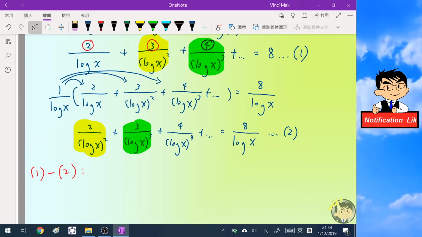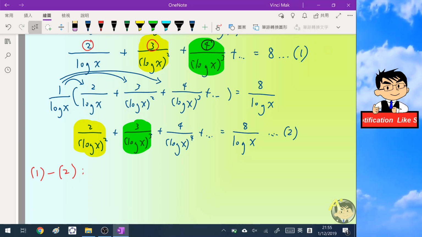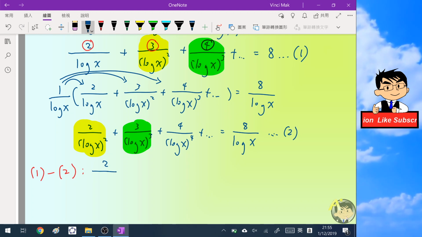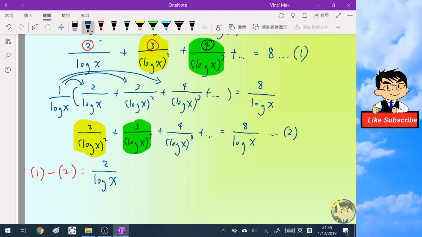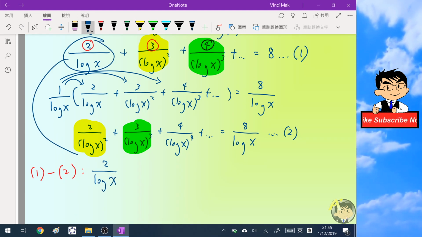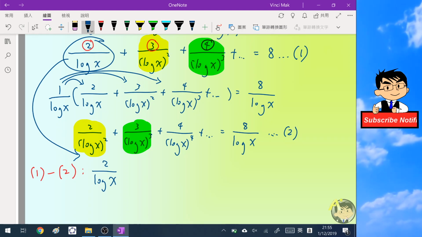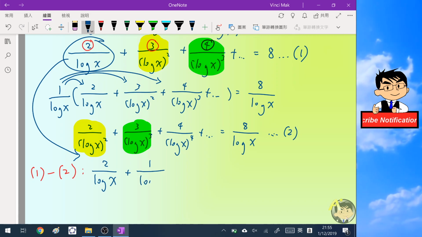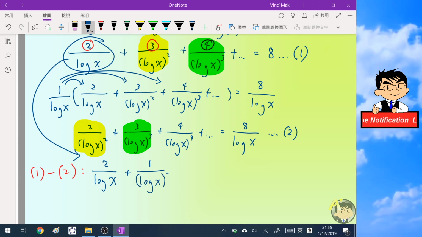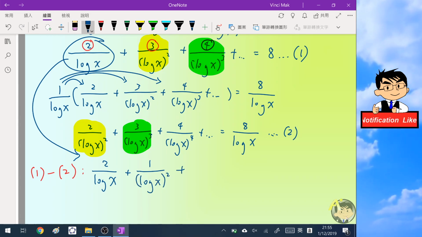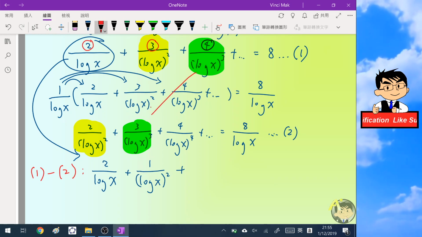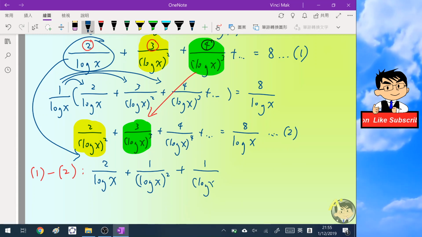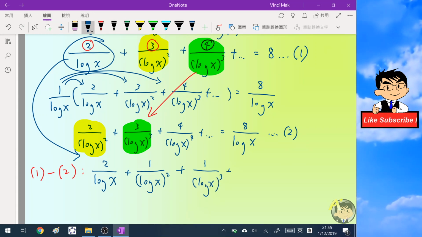So as you can see, if we minus the second one from the first one, we'll get 2 over log x. This term will remain here. And then the yellow term, the difference will become 1 over log x whole square plus the green term, the difference, is also 1 over log x, this time whole cube.